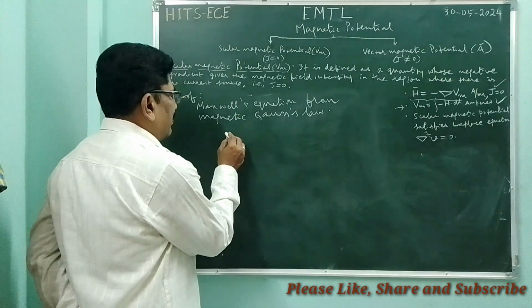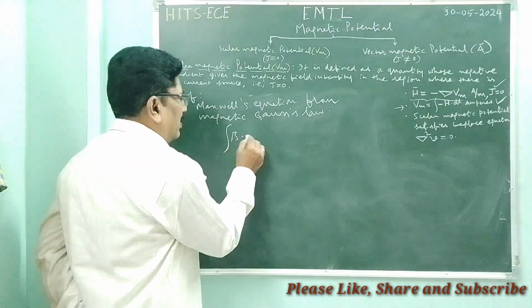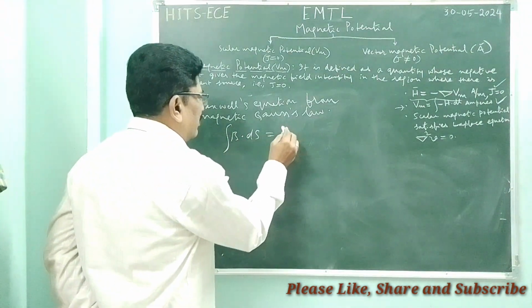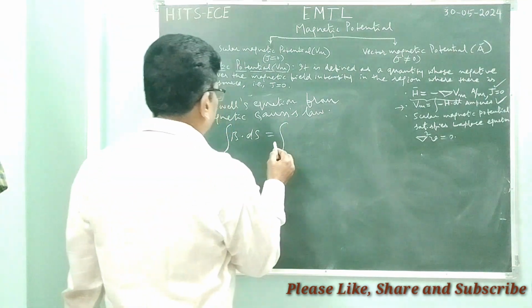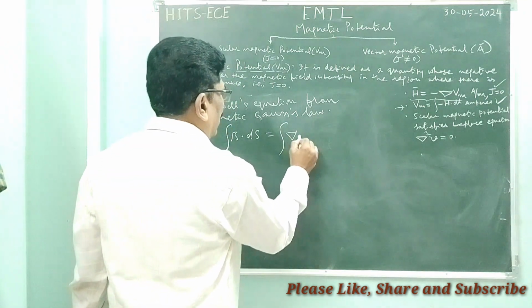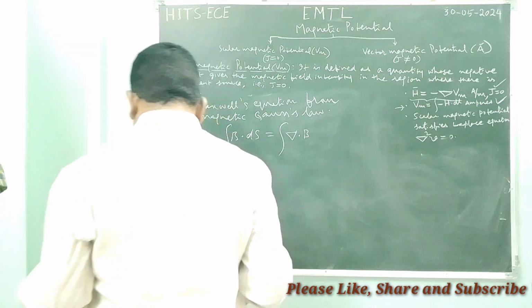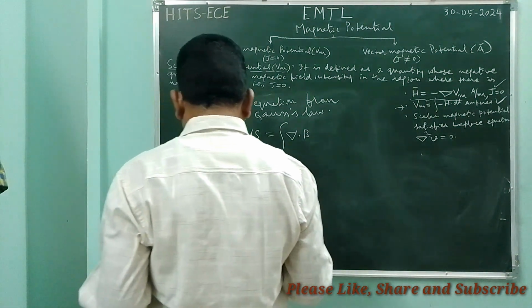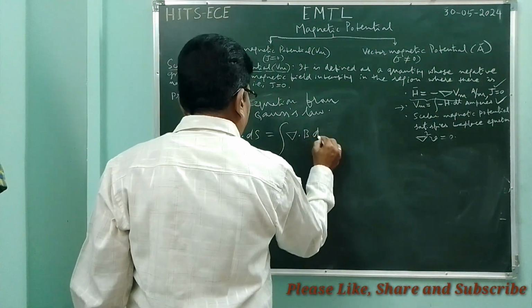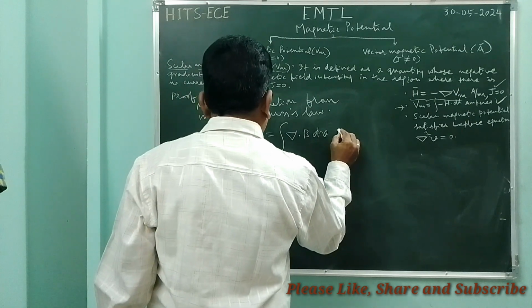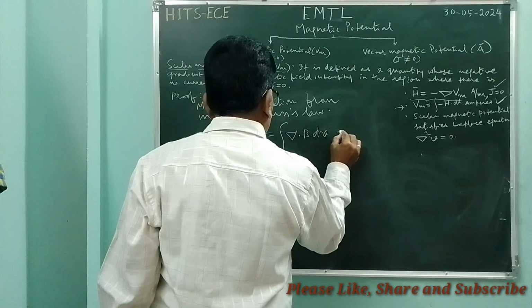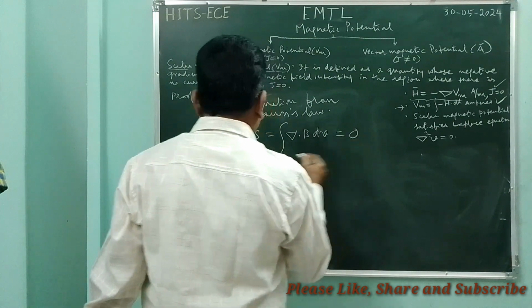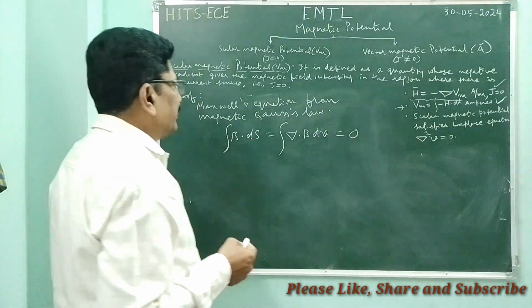What is the magnetic Gauss law? The closed integral of B dot ds is equal to the integral of del dot B dv, which is equal to 0, since it is the magnetic Gauss law.